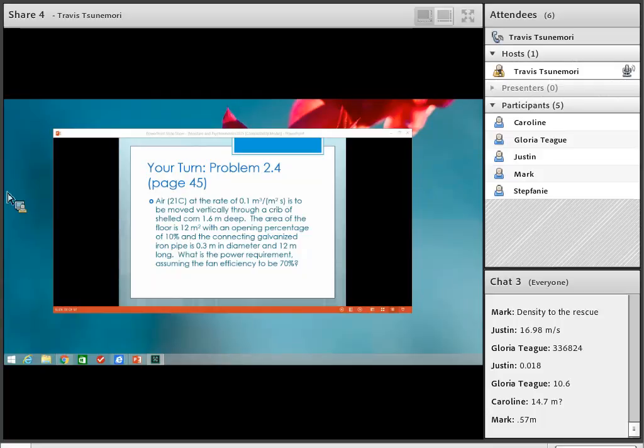So using Shed's curves, what are you getting for the pressure drop per unit depth of grain? So in pascals per meter. Anybody want to volunteer what they're reading off the graph?